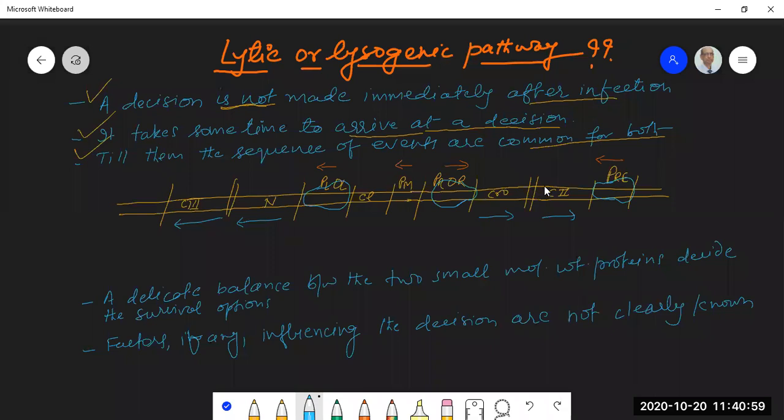Please understand what I'm talking about: one RNA polymerase will be binding to PRE and traveling in this direction, and the original, first RNA polymerase will be binding to PR and traveling in the other direction. So there is an overlap. How is it possible? We do not know exactly, but it is happening.